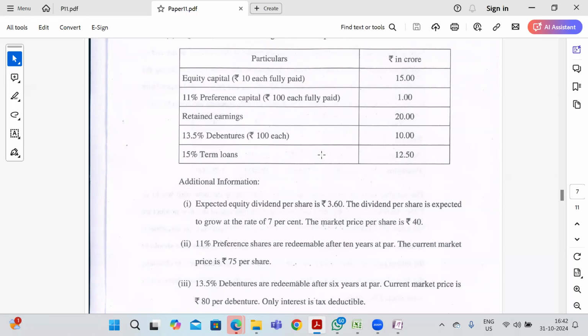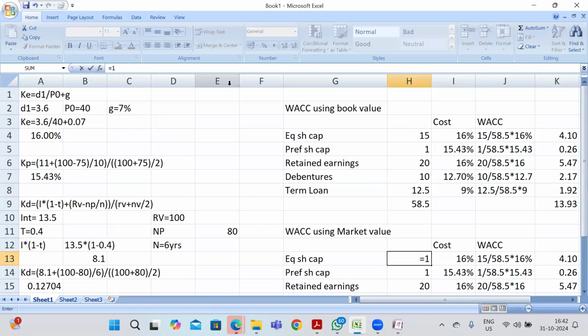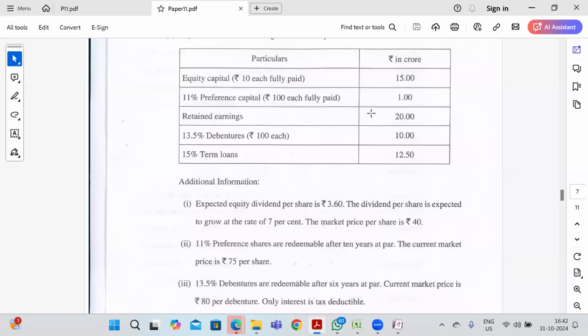How many shares will we have? 15 crores divided by 10, that is 1.5 crores. So 1.5 into 40, that is 60. Preference share capital: 1 crore divided by 100, that means 1 lakh shares. So 1 lakh into 75.